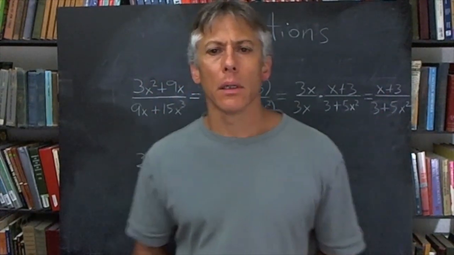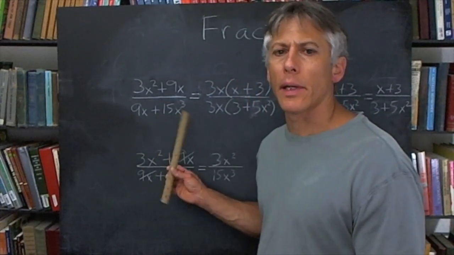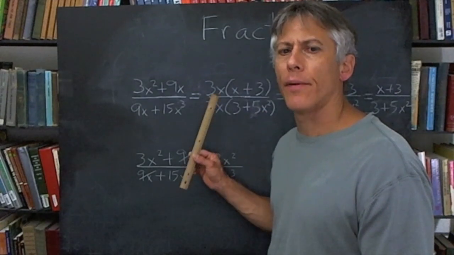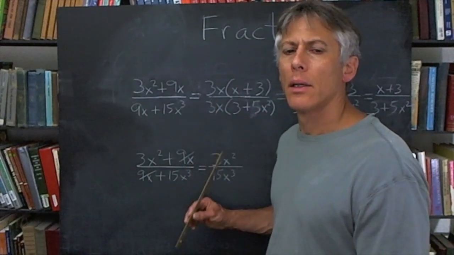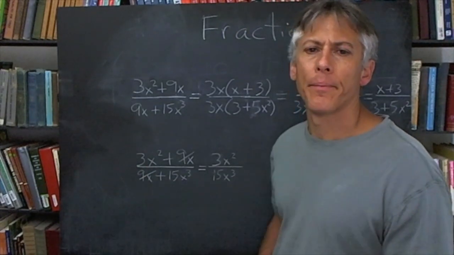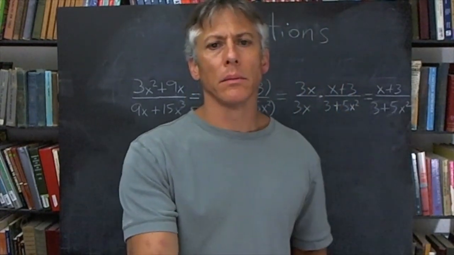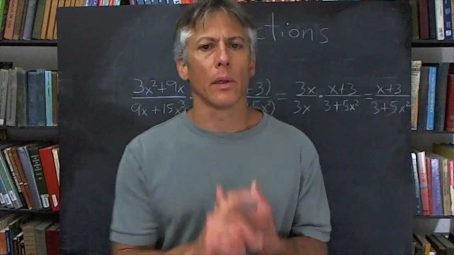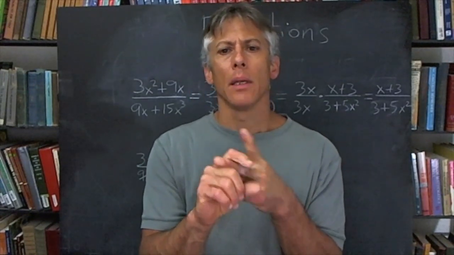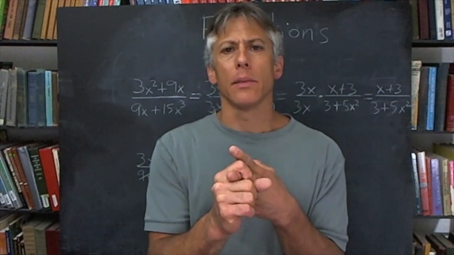So make sure you're dividing something out that's in the whole entire top and the whole entire bottom. It's a factor of each, not like the 9x here, a part of the top and a part of the bottom. Then you'll be doing this right. And so remember, we have to be able to factor something out of the whole entire top and the whole entire bottom, and two things divide to make one.